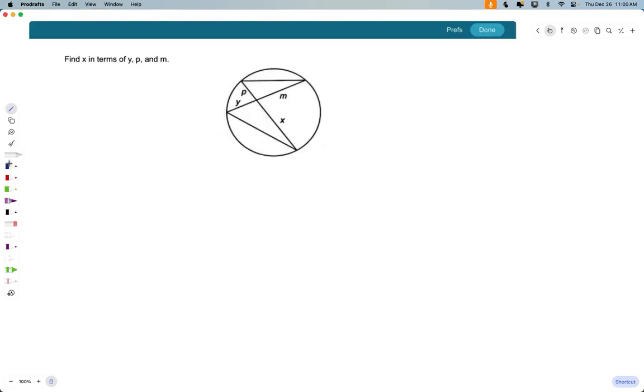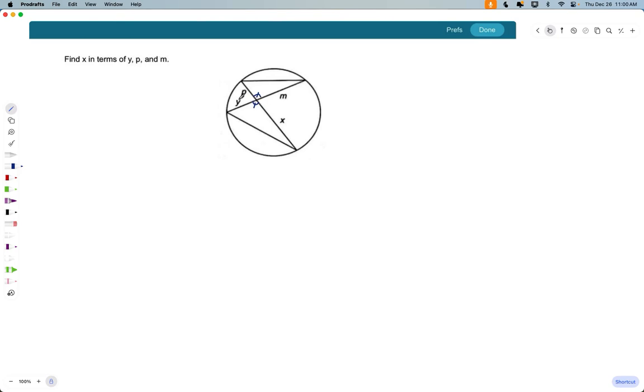All right, so we're going to find x in terms of y, p, and m. So again, this angle is equal to this angle. And we know for a fact that when we have two triangles bounded in a circle, it creates this relationship.